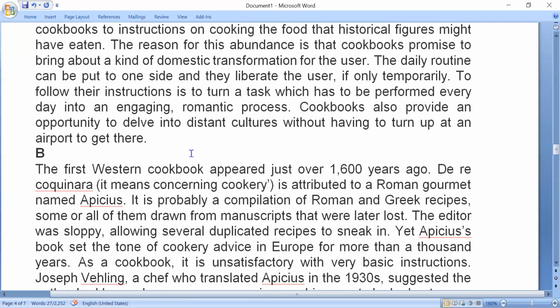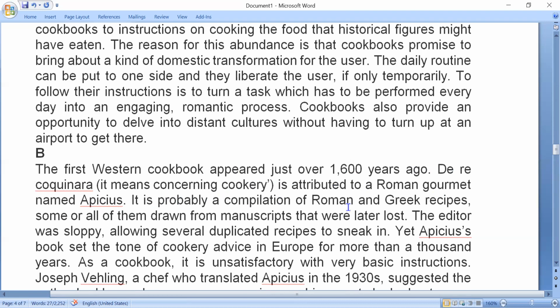The first Western cookbook appeared just over 1,600 years ago. De Re Coquinaria, which means concerning cookery, is attributed to a Roman gourmet named Apicius.